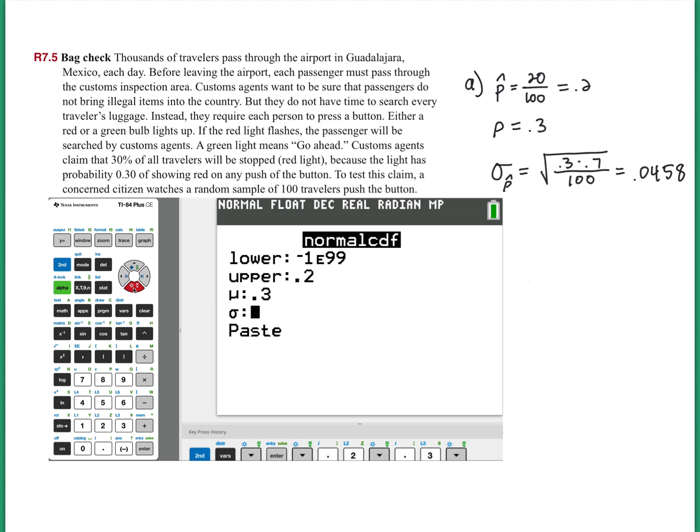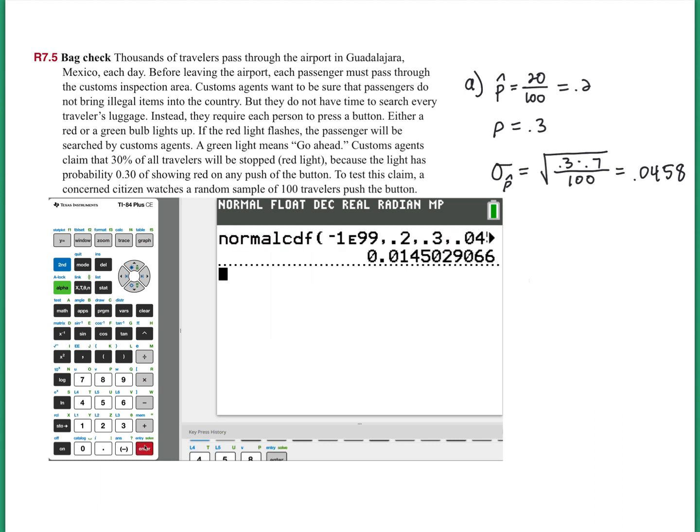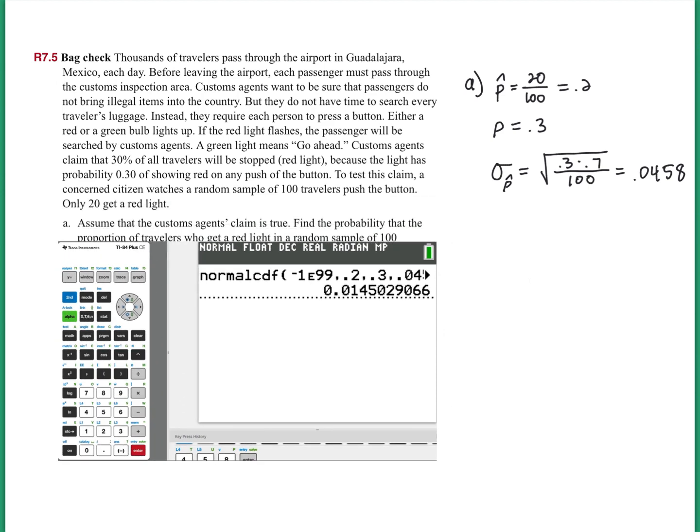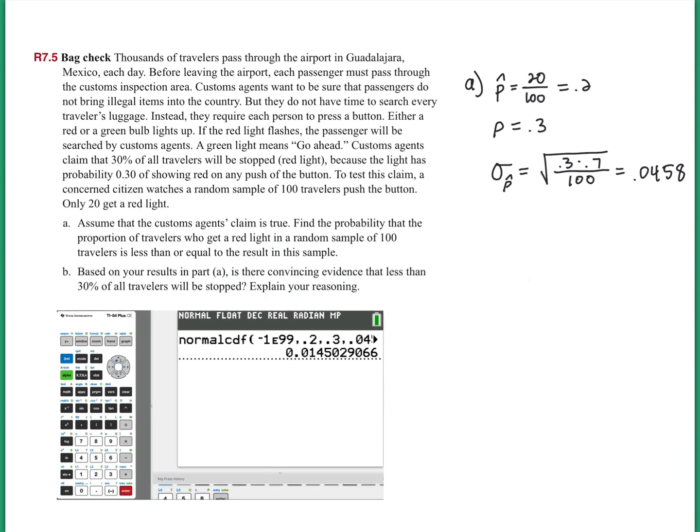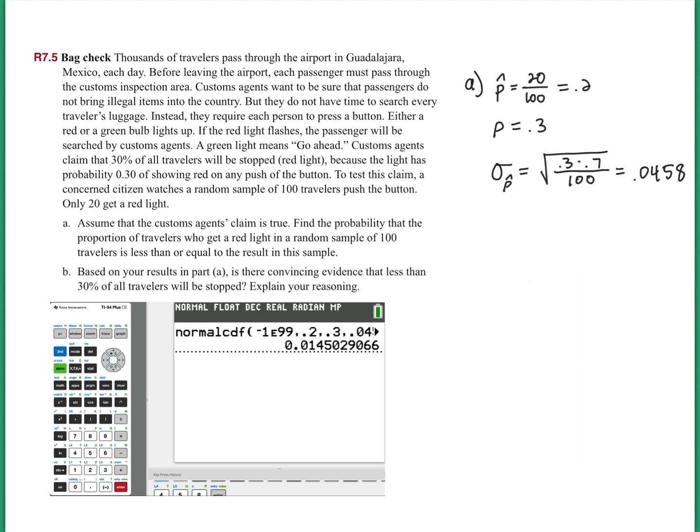Our average was 0.3, and our standard deviation was 0.0458. Let's hit enter, and that's our probability. Let's write that here. Find the probability. So probability is 0.0145.